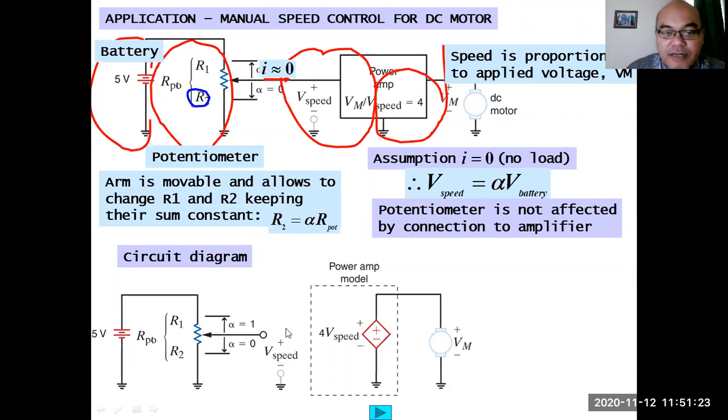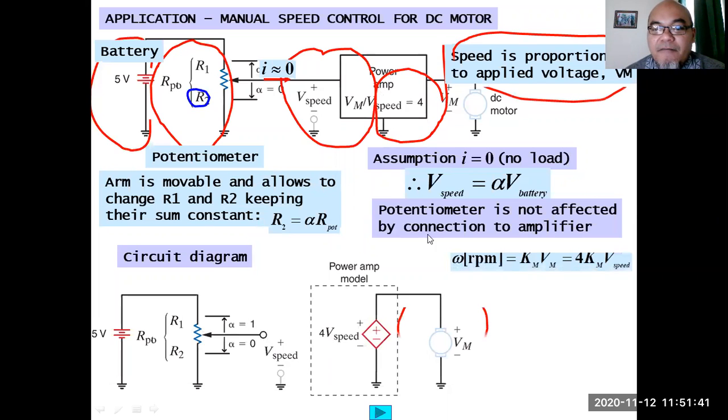So we have here the voltage of the speed, V speed. The voltage across the motor is 4 times the V speed here. This is a power amplifier model, a voltage dependent voltage source to model this power amplifier.